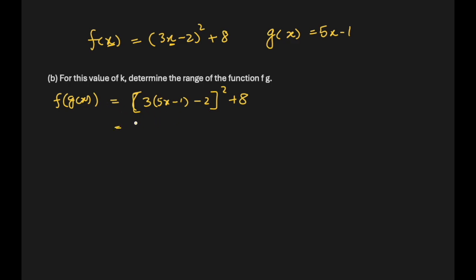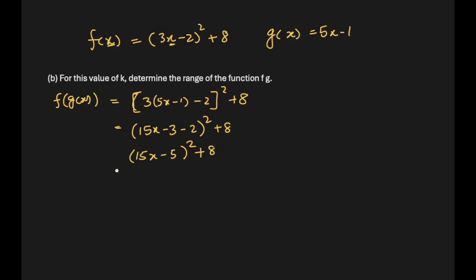Okay, let me simplify this. We can go back to the same function: (15x minus 3 minus 2) squared plus 8. So it comes out to be (15x minus 5) squared plus 8.